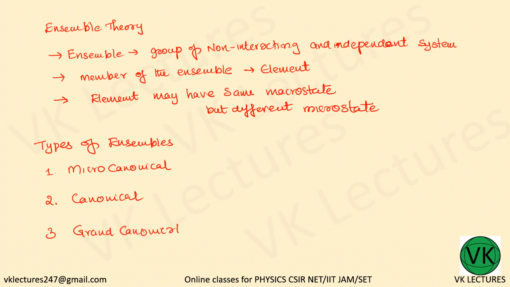Now, the microcanonical ensemble is an isolated ensemble. Isolated means there is no exchange of particles. That means from one ensemble to another there is no exchange of particles, which means dN is equal to 0, and it is defined in terms of energy, the number of particles, and the volume.